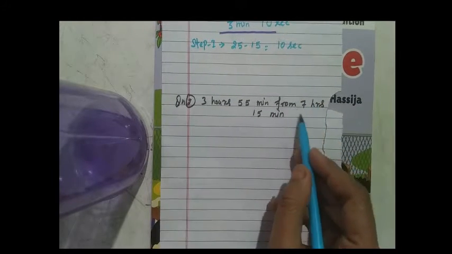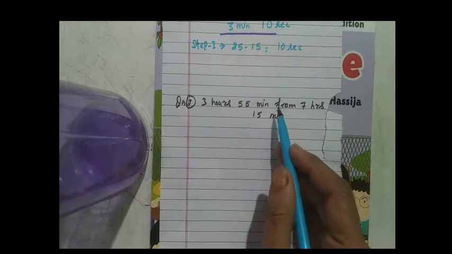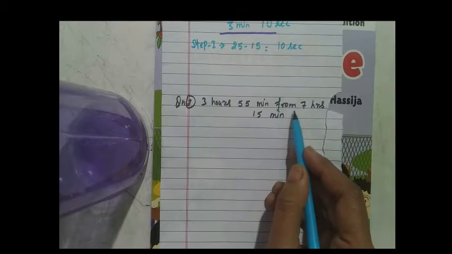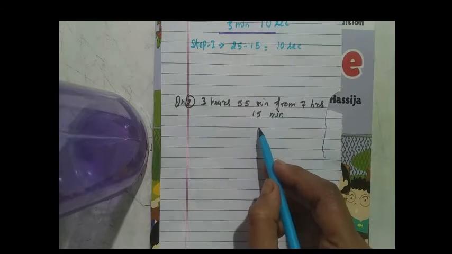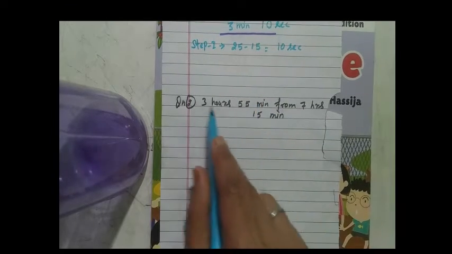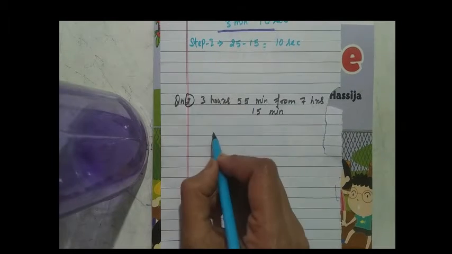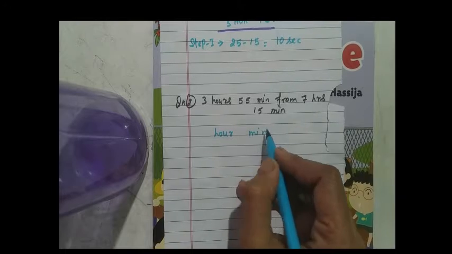So you will arrange this value first. If you don't know how to find the bigger value, simply see where "from" is written. After "from", whichever value is there, put that value first and then put the other value. So I am arranging the two units, hour and minute.